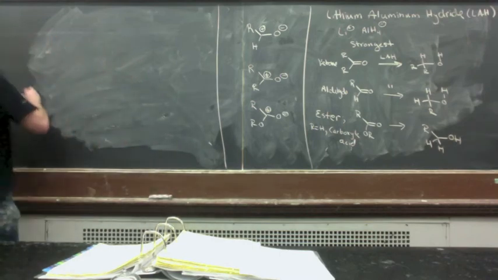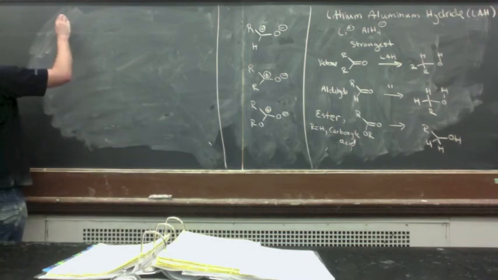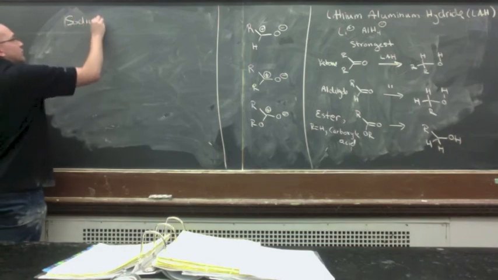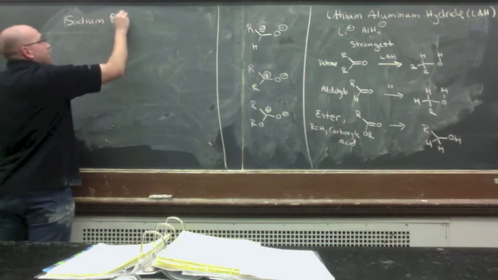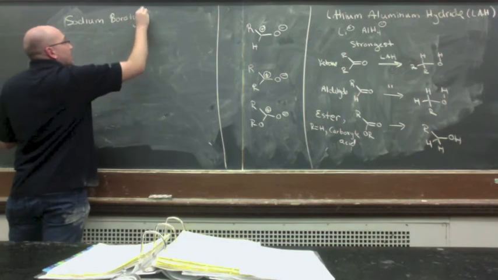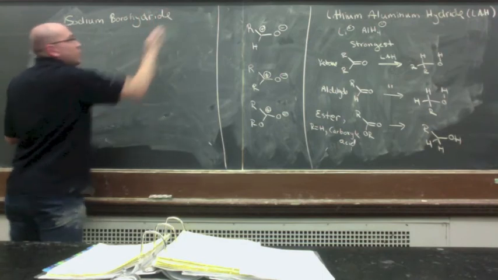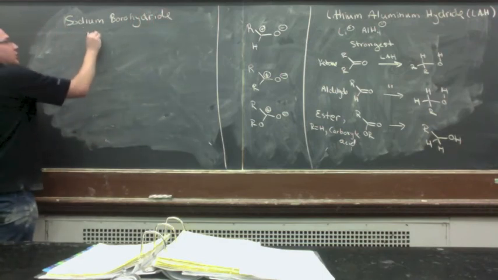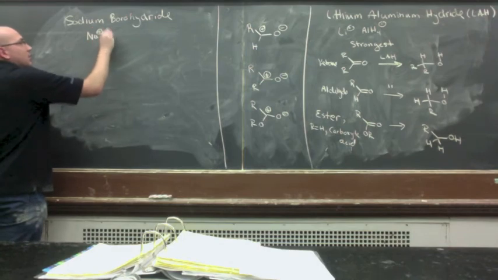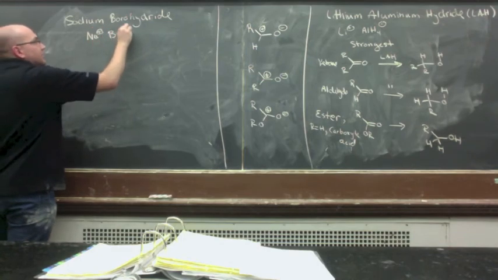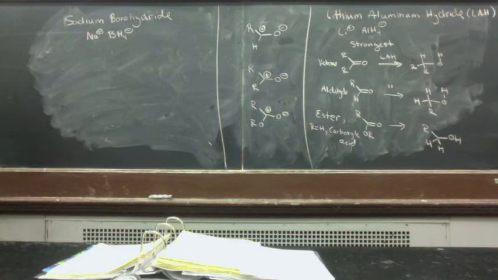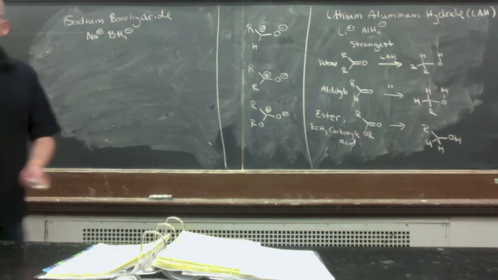The other one that we have is sodium borohydride, Na plus BH4 minus. It is very similar structurally, but this is not as strong as lithium aluminum hydride.